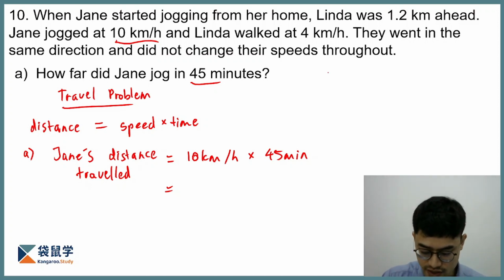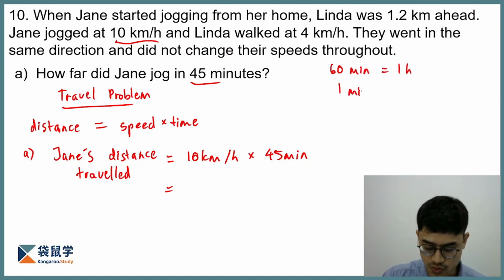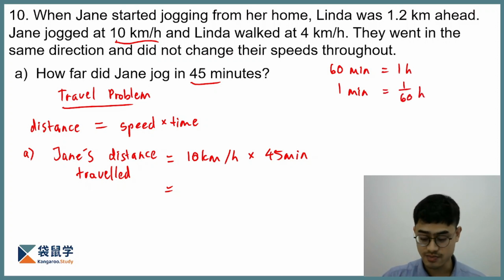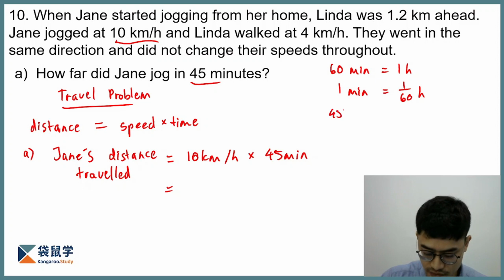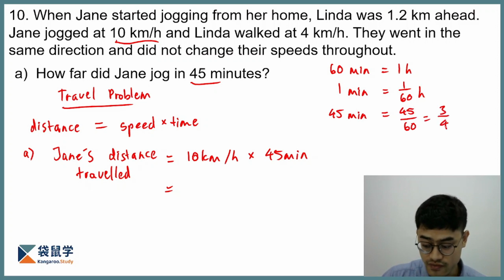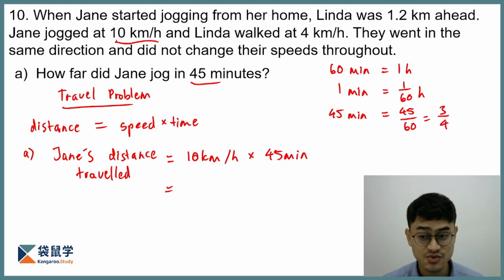Now how do we do that? So the first thing you should know is that 60 minutes is exactly 1 hour. And so from this we know 1 minute must be a 60th of an hour, dividing both sides by 60. And then 45 minutes is simply 45 over 60, which we can simplify to 3 over 4. Now, do I convert this into decimal form or should I leave it in fractional form?